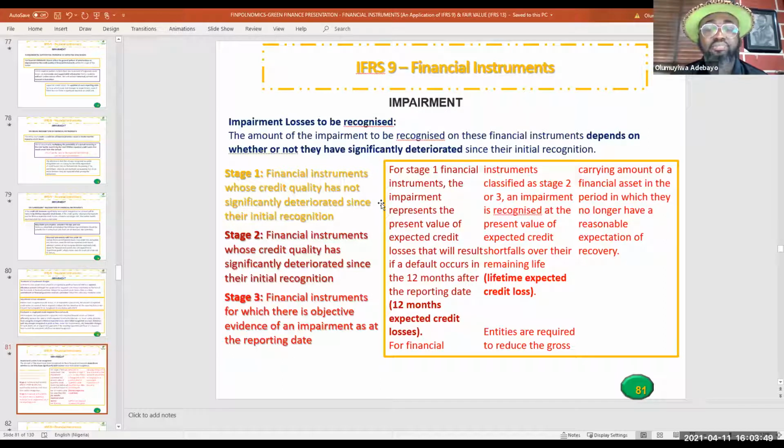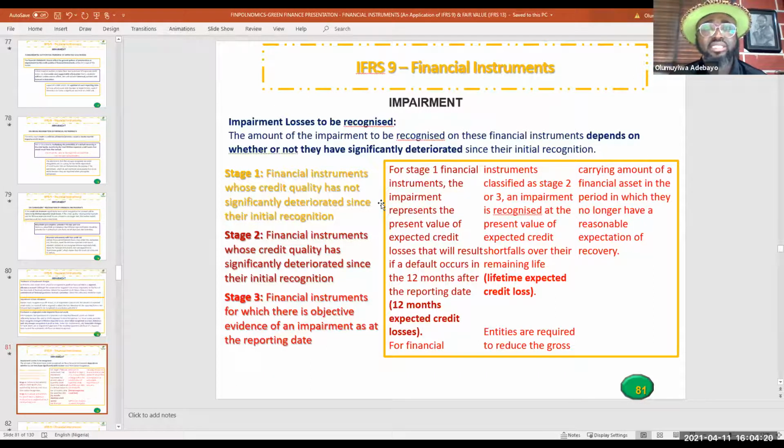I repeat again, every financial asset that will be subjected to impairment assessment is in stage 1 at the point you became a party to that financial asset. The only exception to that rule is for credit impaired financial assets at origination.